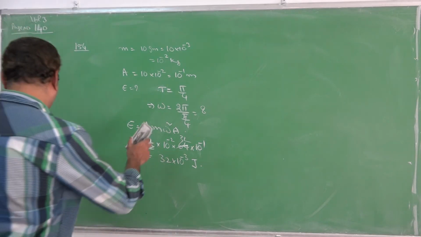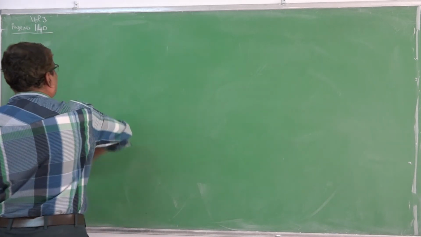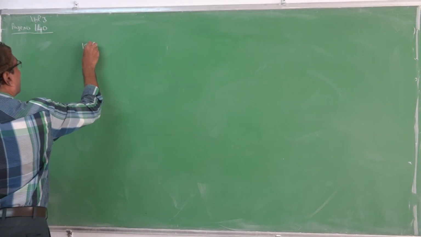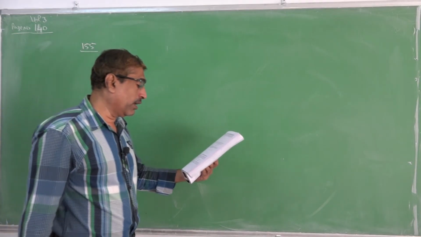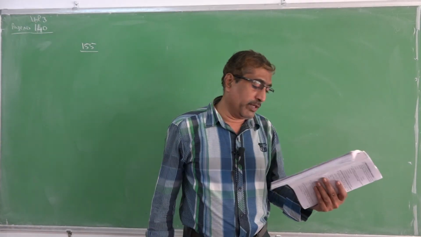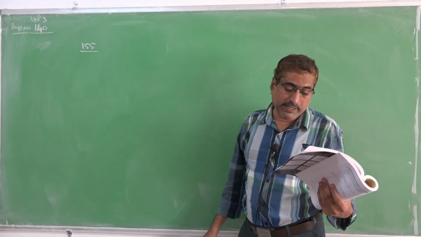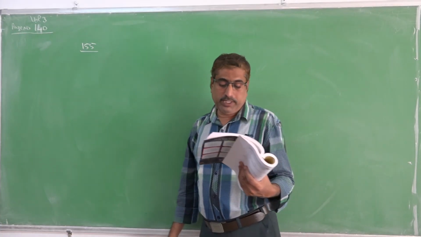Okay. Next one, 155. A particle is oscillating simple harmonically from its equilibrium position. Then the ratio of kinetic and potential energy of the particle at a time t equal to T by 12, where capital T is the time period.